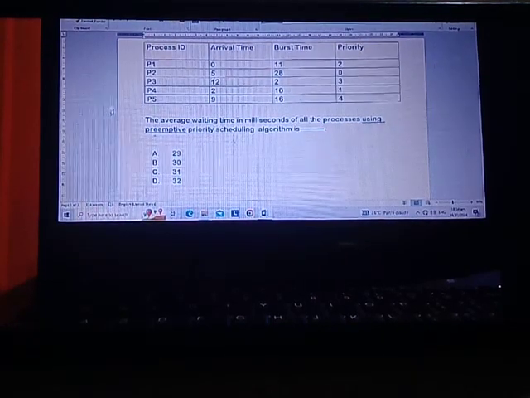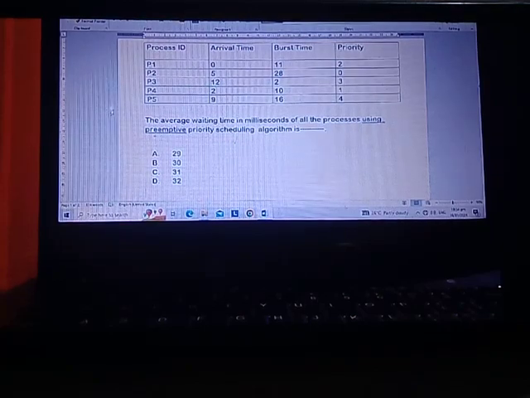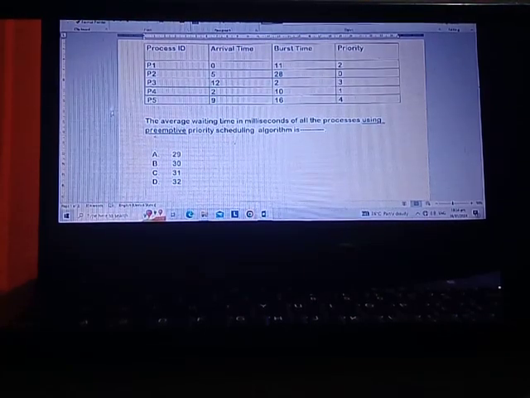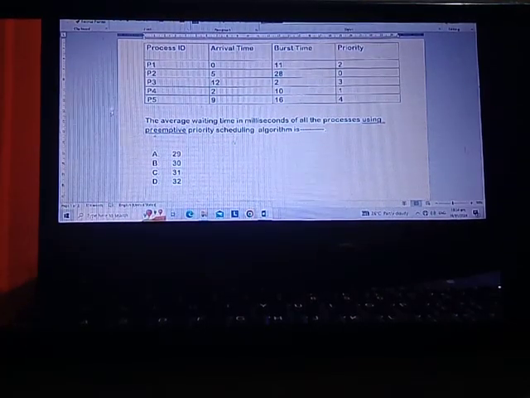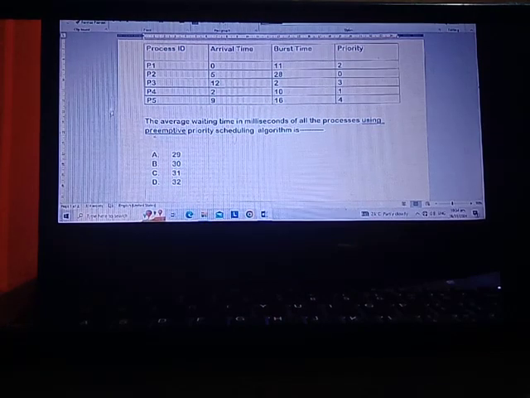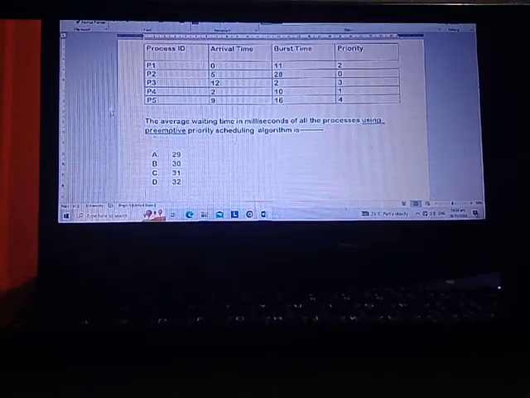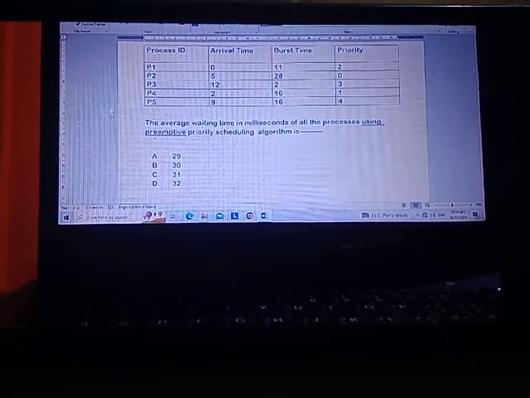So is the priority of P4 higher than that of the currently executing process, which was P1? Let's see, P1's priority was 2 and P4's priority is 1. Always keep in mind that the lesser the value, the higher the priority. Here P4 has the lesser value, which is 1.